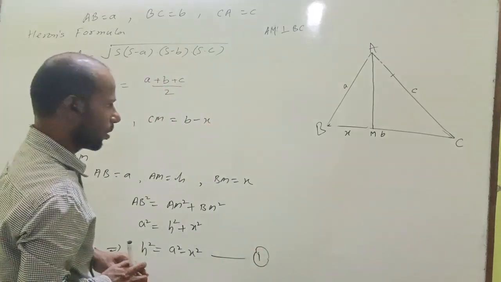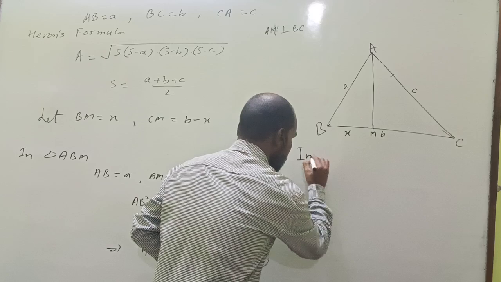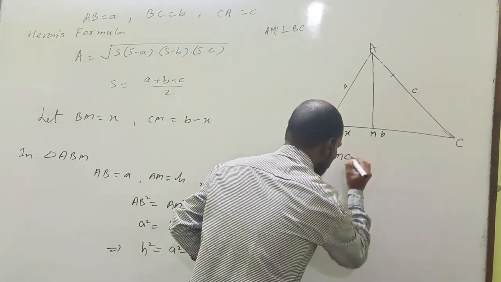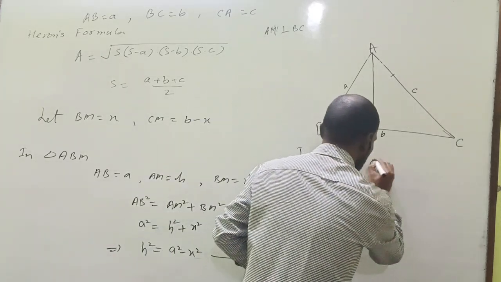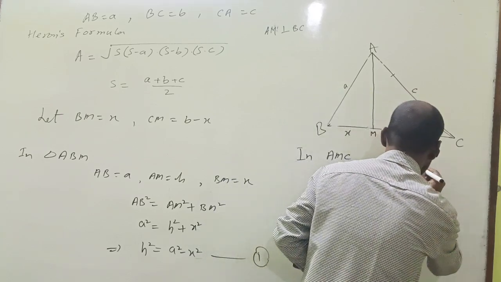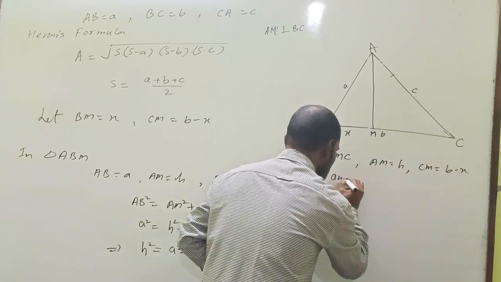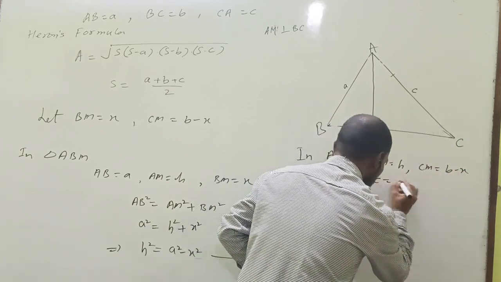So if you apply the same formula in triangle AMC, here AM is equal to H as well, and CM is equal to B minus X, and AC is equal to C.